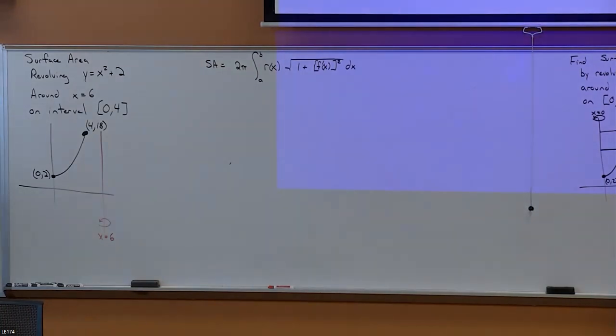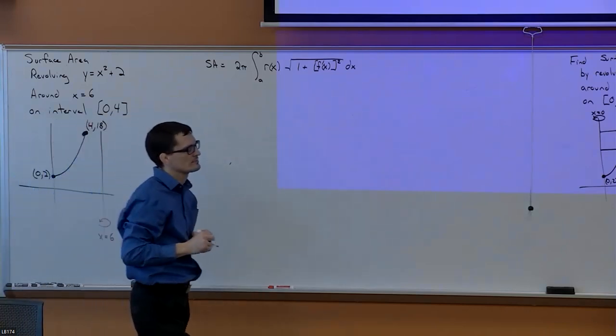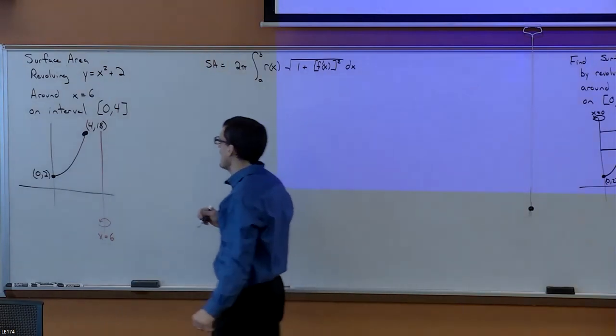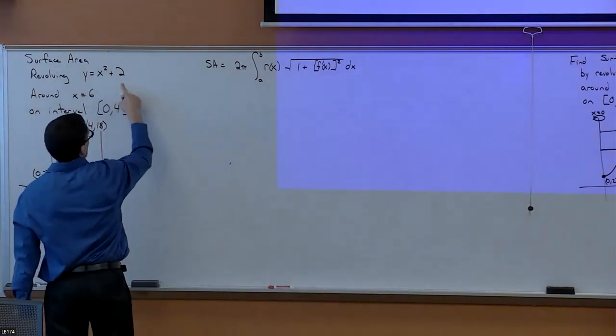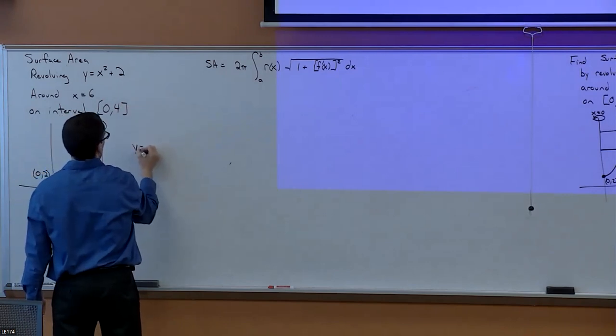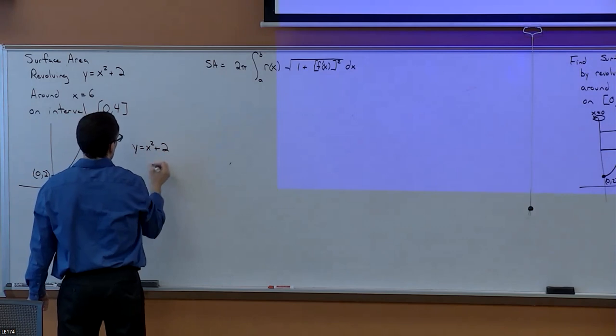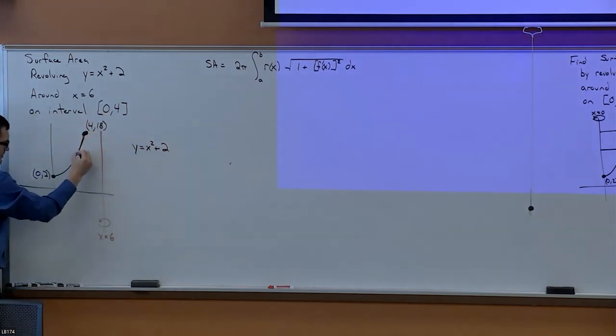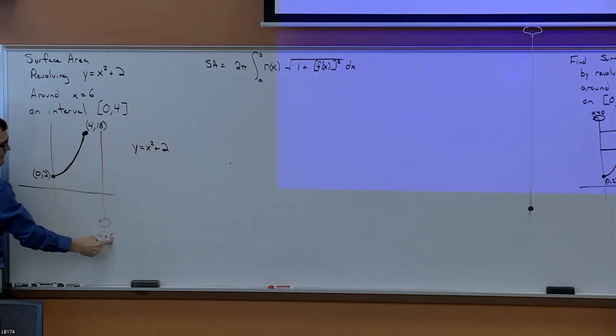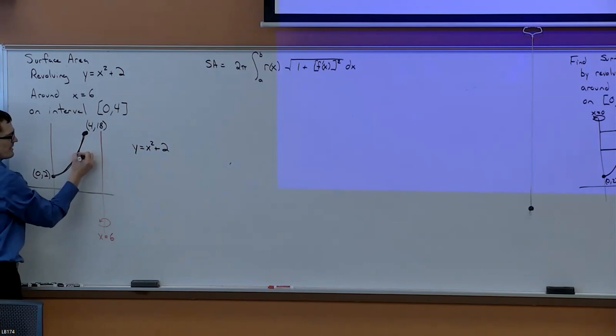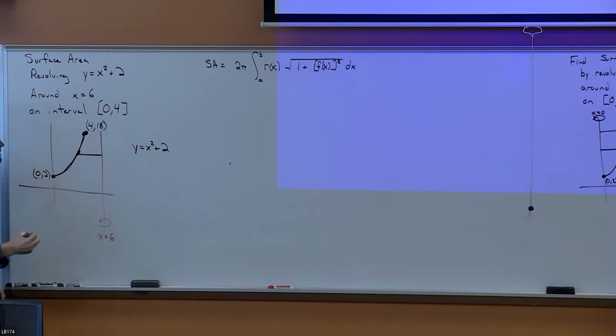All right, so let me go through this. I'm gonna integrate with respect to x. And if I do that, then I'm gonna have to deal with this y equals x squared plus 2 as my curve. And I'm gonna revolve it around a vertical line, x equals 6. So each of my little pieces that I get with my surface area, I'm gonna revolve around that line. Get this shell.